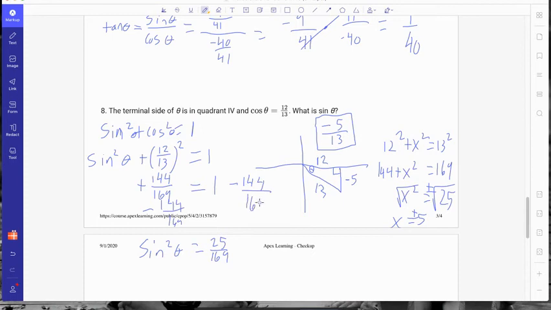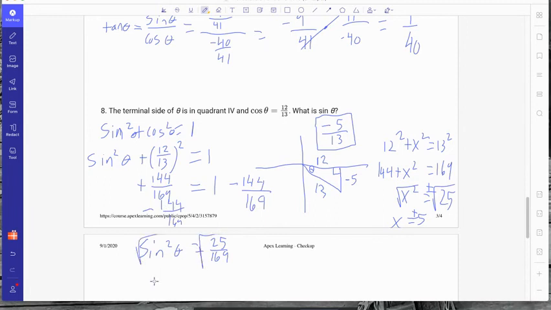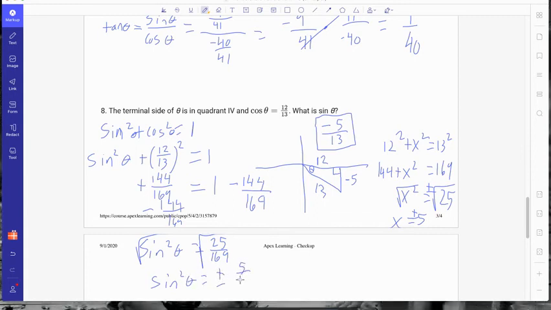And then I have to take the square root. We're kind of in the same spot, so sine theta is equal to plus or minus 5 over 13.